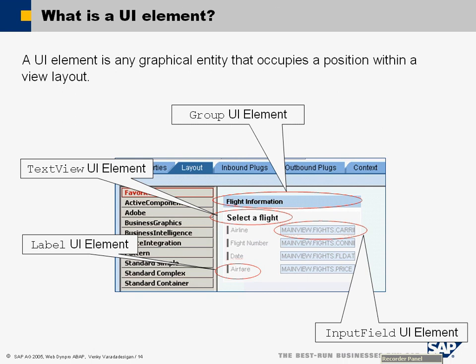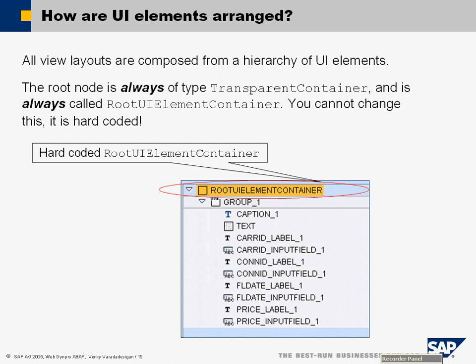Okay. Let's move on. What is a UI element? A UI element is something that you see on the screen, a graphical entity. It could be visible on the screen or it could be logically hidden behind the scenes, but it is still a graphical entity. Examples are an input box, a group box, a label, a table.